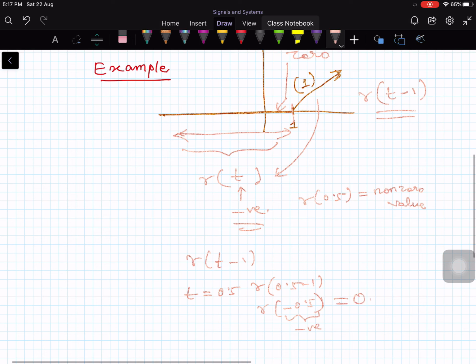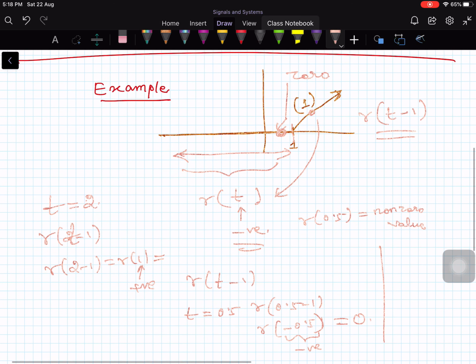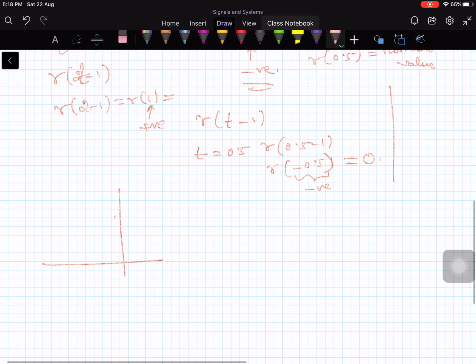The moment you put, let us say, t equal to 2, then r of 2 minus 1, which is r of 1, and this 1 is positive, the argument is positive, therefore its value is non-zero. So this function is better described by r of t minus 1, like this.